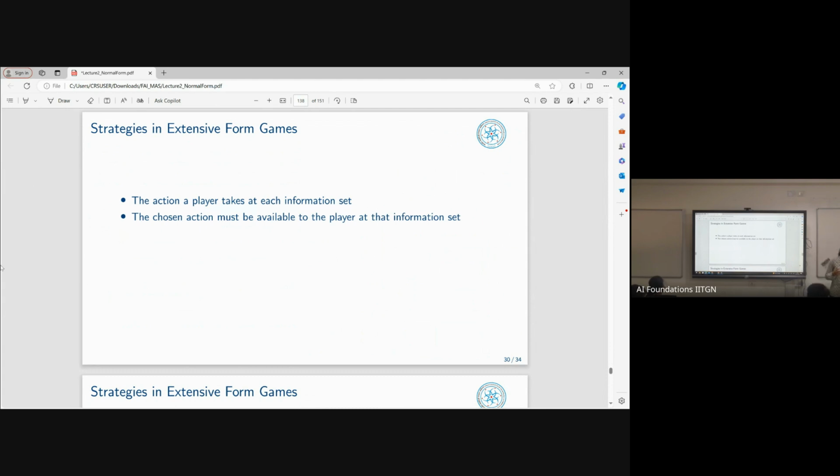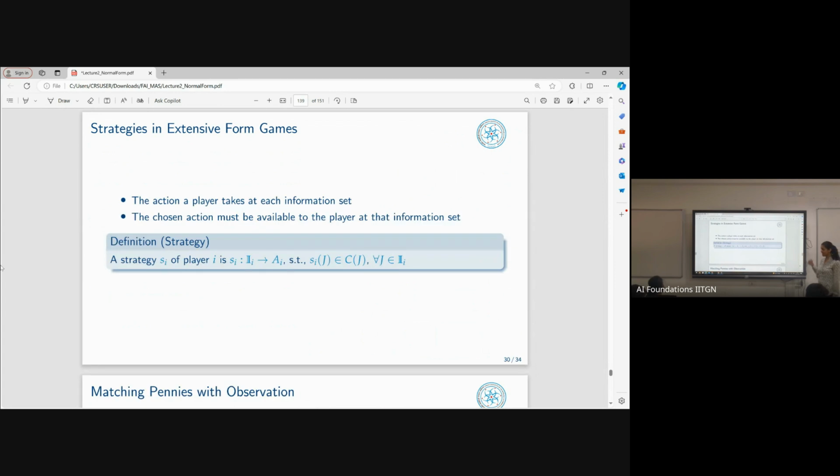So what is the formal definition of a strategy? A strategy, S_i of a player i, is a function that maps an information set to a particular action, and that particular action must be available to the player. So here the capital I defines the different information sets that are available to this agent.